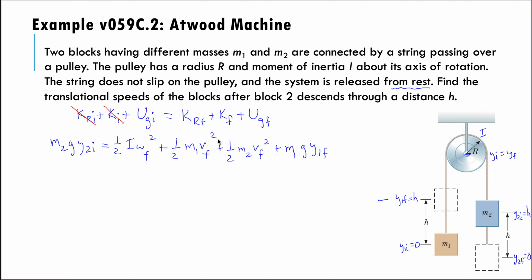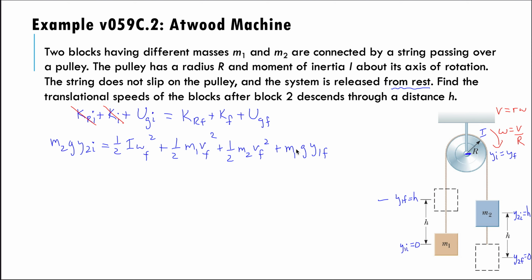Now we need to solve for vf. But we can't just get vf by itself because our answer cannot be in terms of omega f, because omega depends on v. If you remember, when you have an object that's rotating, v equals r omega. So its angular speed is equal to v over r, where r is the radius, in this case capital R. So we have to write omega in terms of v, and then we can solve for v.